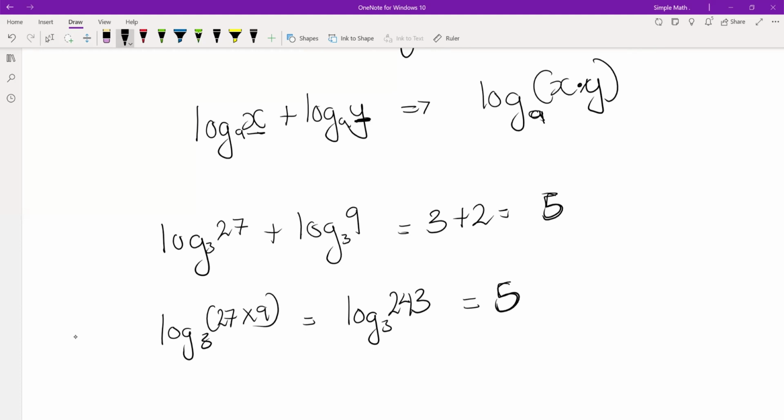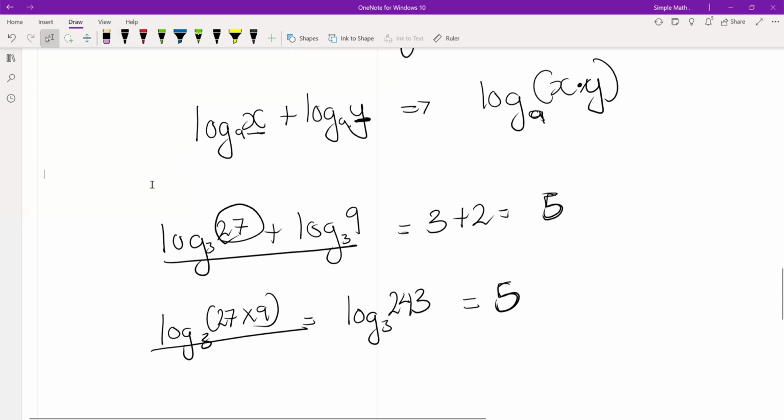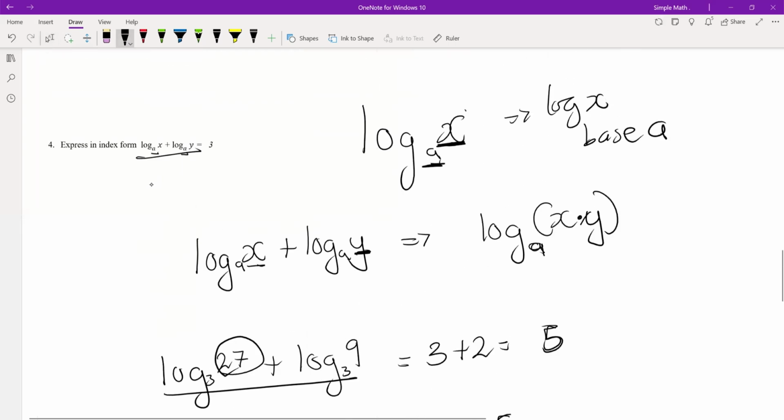So it means that you can write this as this. You can multiply these values together. So that is what I did. I'm just giving an example to show you that it works. So now we have log xy base a is equal to 3. Now we can change this to index form.